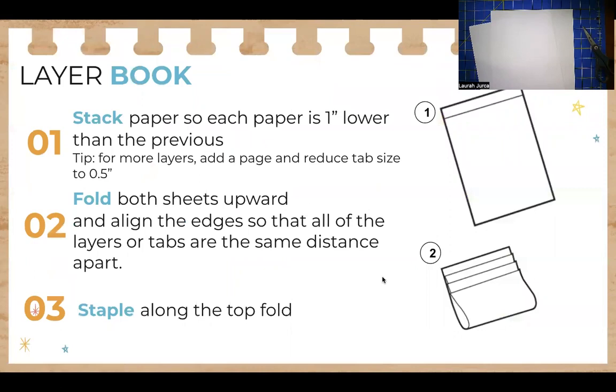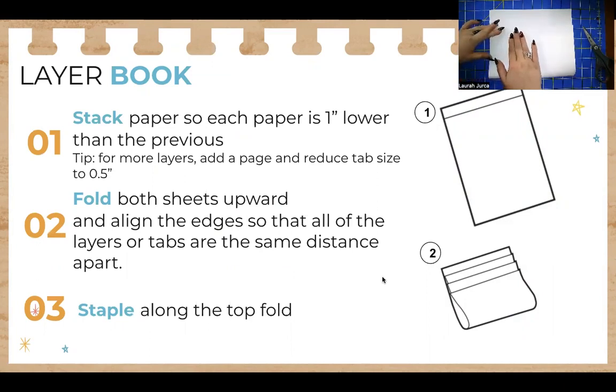All right, so for the layer book, I'm gonna start out, I'm gonna do this with the 4 layers. So I'm gonna have 2 pieces of paper. And you're gonna stack your paper so that each new sheet of paper is about 1 inch lower than the last sheet of paper. Then you're gonna take the bottom and you're gonna fold it up.